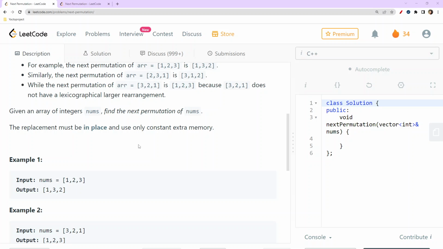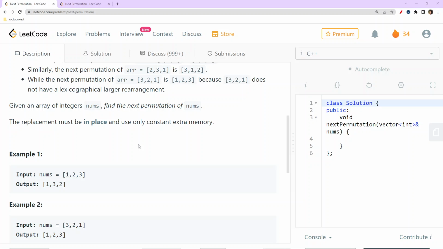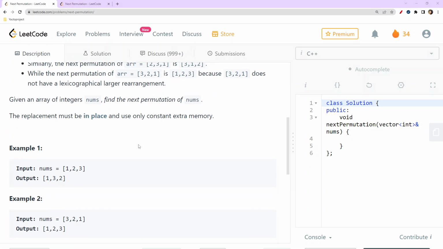That is, we simply can't use any other data structure. That's why the mathematical approach comes in here, because if we used any other data structure, it wouldn't be as per the question.